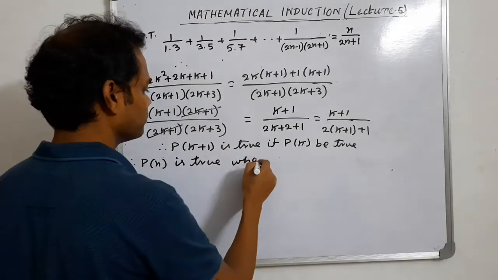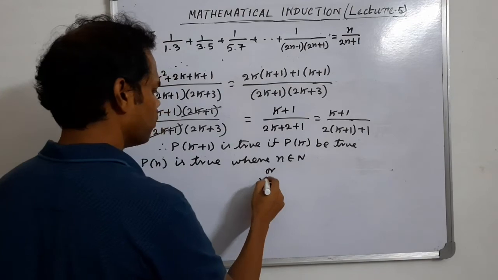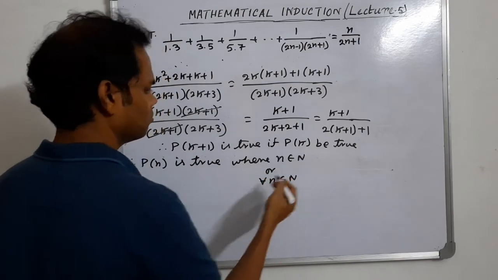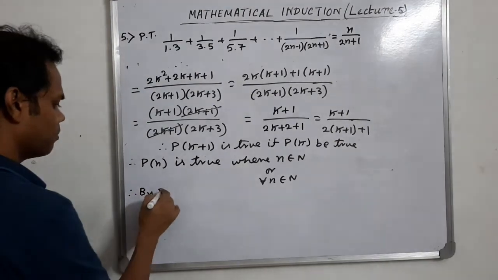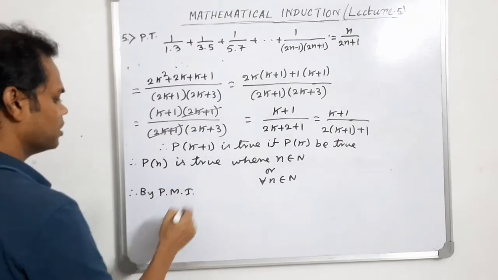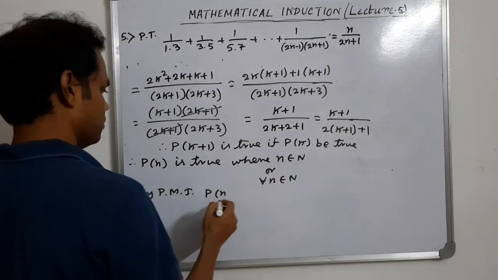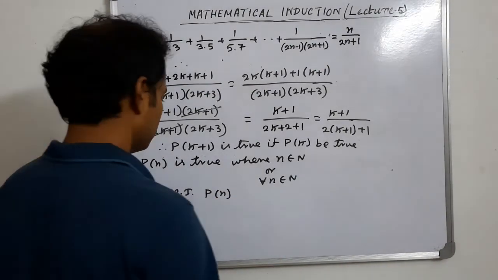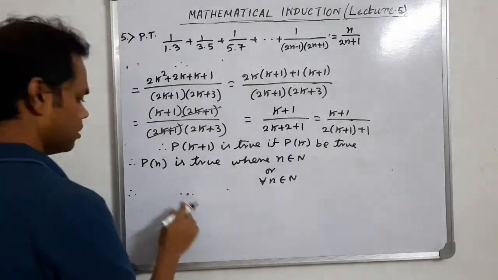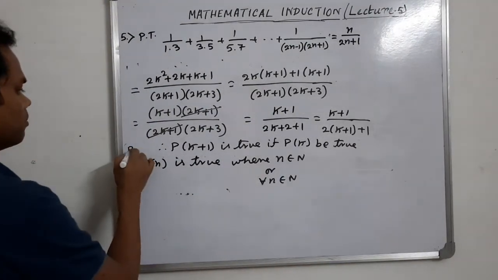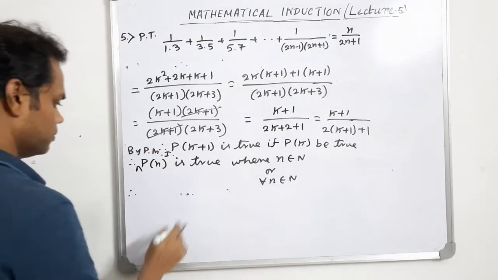Where n belongs to N, or you can write for all n belongs to N; either is possible. Therefore by the principle of mathematical induction, Pn is true.